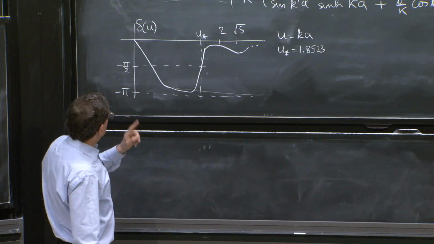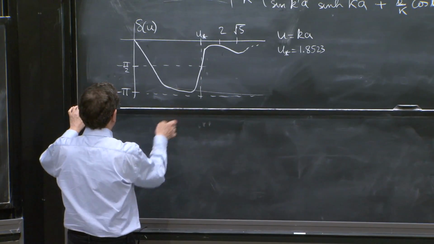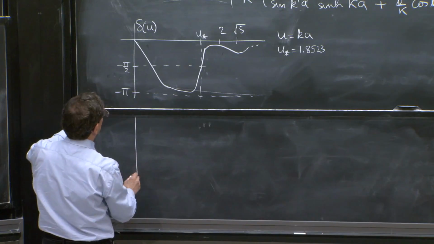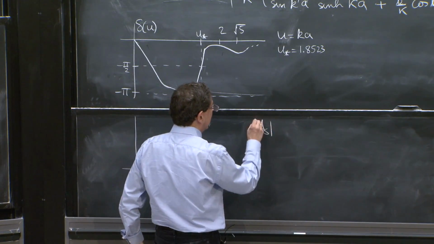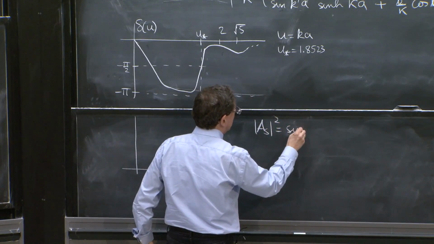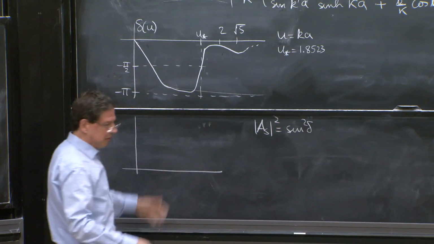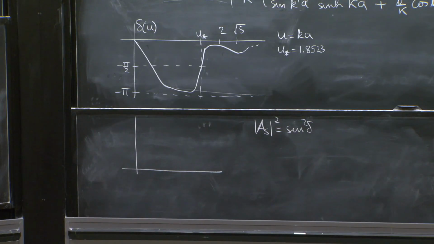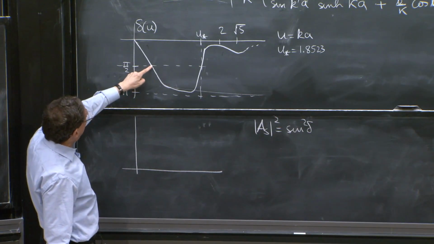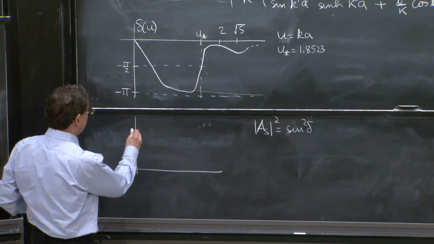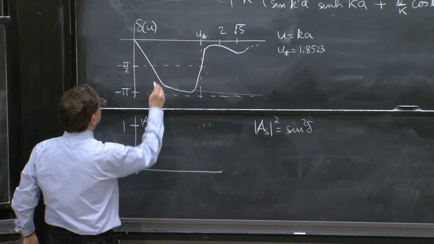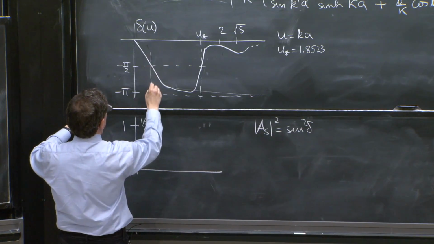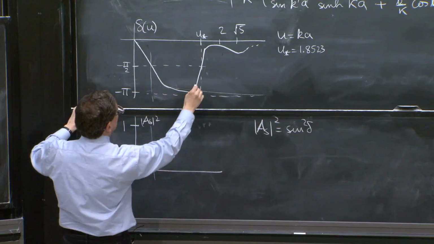Now, this is quite interesting. If you think of what we used to call the scattering amplitude, A_S squared was sine squared delta. The amplitude of the scattered wave is going to be quite large here. It's going to be 1, which is the maximum. A_S squared is here, so I want to keep these two blackboards aligned.